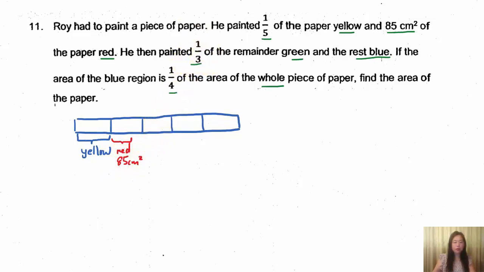So the rest is actually the remainder. So we will have to cut from here to here and make it into 3 portions. 1, 2, 3. Okay, this is not well drawn because the parts are not equal size. If you get easily confused, I suggest that you redraw it.